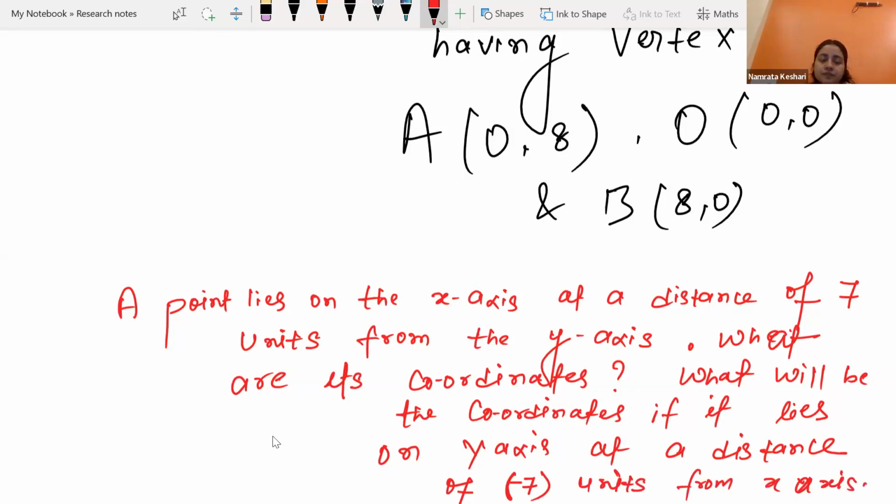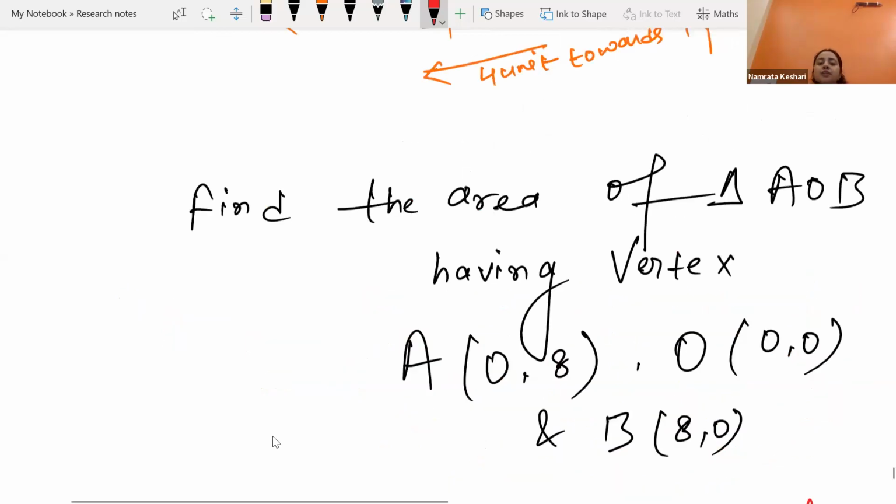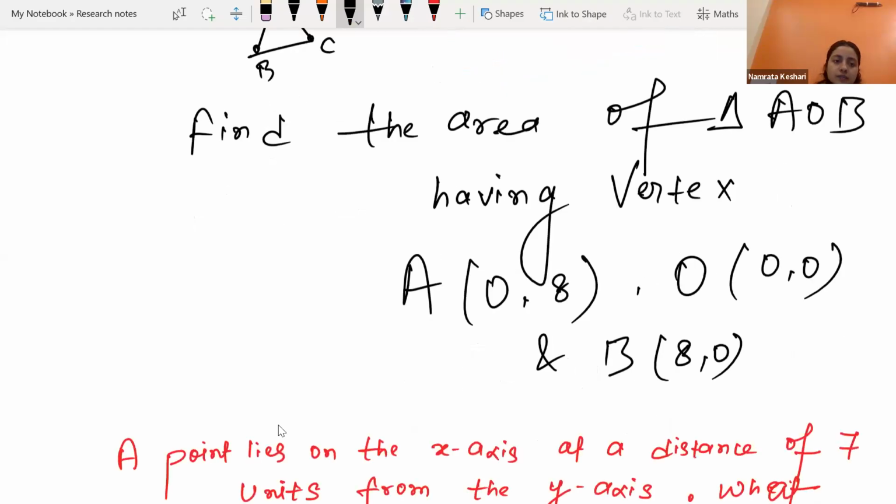Let's do it. Find the area of the triangle having these vertices. When we have the triangle, point A, point B, point C are called the vertices. So if we locate it on the graph, A is (0,8), where x is 0, y is 8, somewhere here.